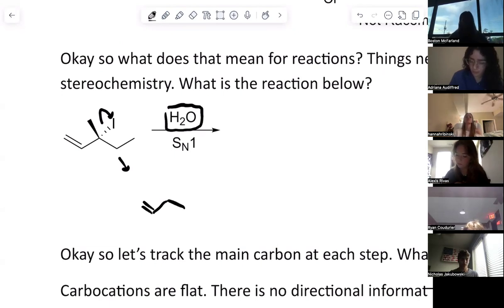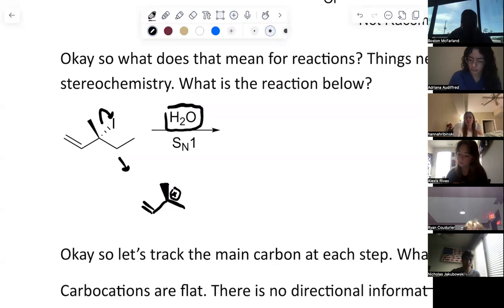All right. So is that what you guys got? Well, let's take a second. Let's reevaluate what this carbon actually looks like.